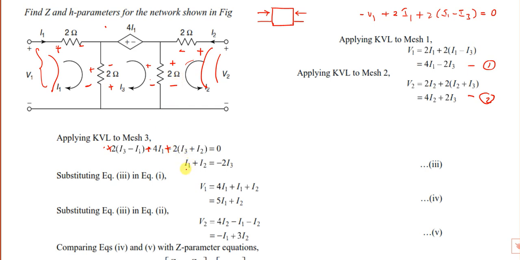Simplifying this, you are going to get 2I3 minus 2I1 plus 4I1 plus 2I3 plus 2I2.